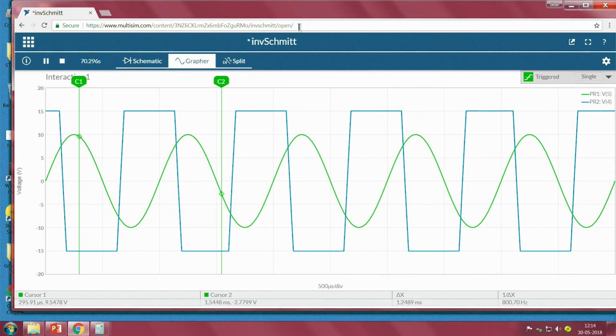Let us observe. I will move the cursor towards the lower threshold value, minus 7.5, sorry. It is almost close to minus 7.58, I can see at cursor 1. So, it is going towards plus VCC, right.